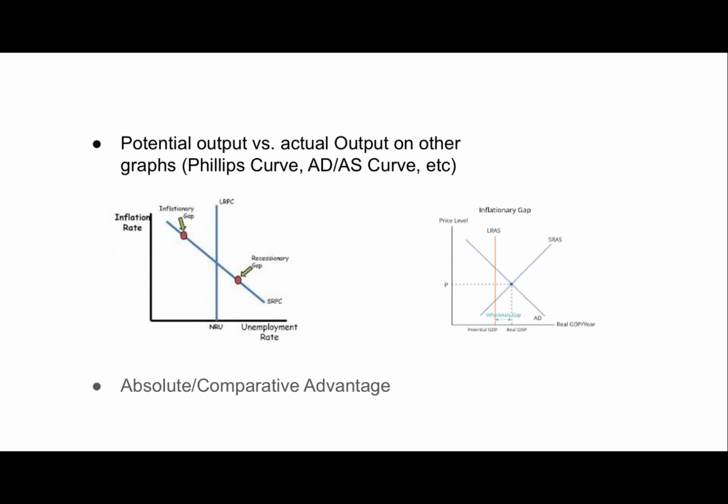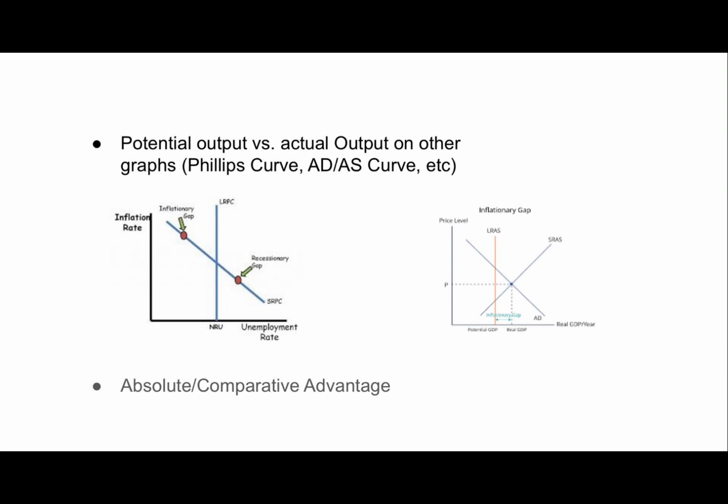So, how does this concept of opportunity cost and the production possibilities curve apply to other curves? When a production possibilities curve shifts outward, representing an increase in output, it's reflective of an inflationary gap as reflected in the Phillips curve on the left, or in the AD-AS curve on the right.